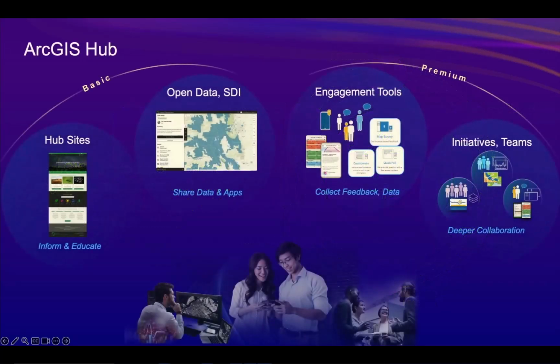So we break ArcGIS Hub up into 4 distinct areas. We have the sites capability, which is what you use to quickly spin up beautiful websites, to inform and to educate. You can share open data, maps, and applications through the open data part of the product. Those 2 components are with ArcGIS Hub Basic, which comes in your subscription for ArcGIS Online.